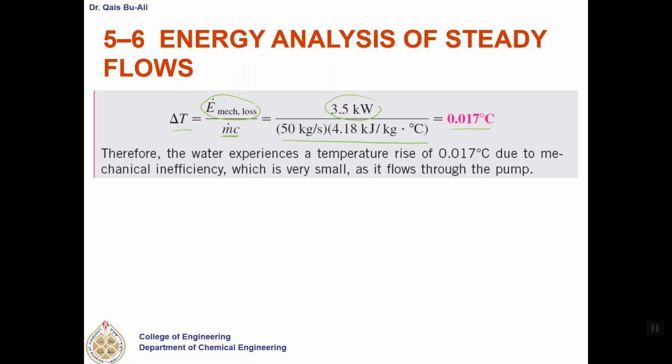And finally, we got the temperature rise to be 0.017 degrees centigrade, which is very small as it flows through the pump. Actually, this wasn't an example of the head equation, as I told you at the beginning, but the next example for sure will be for the head equation.